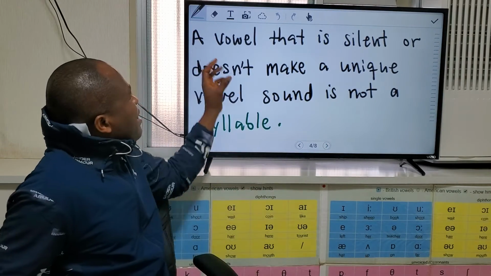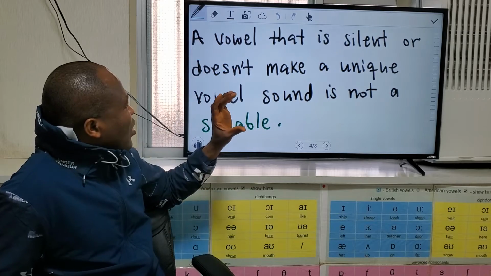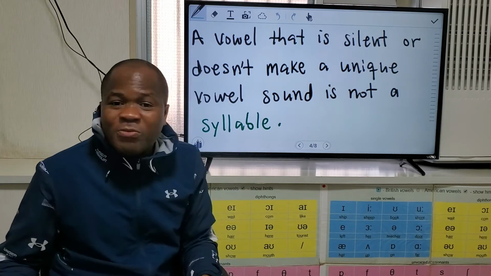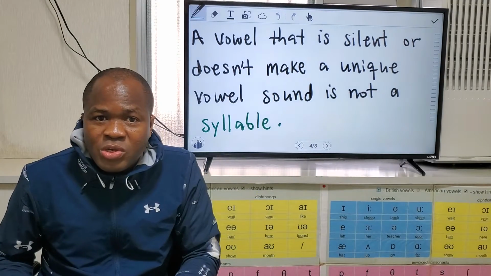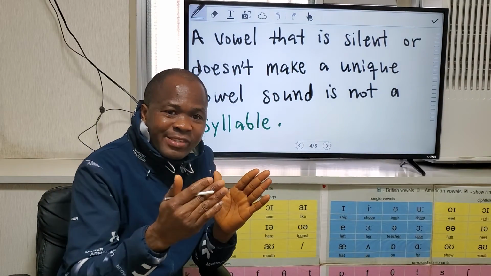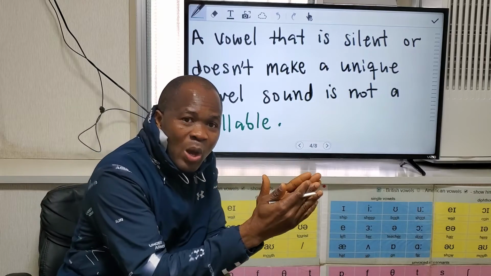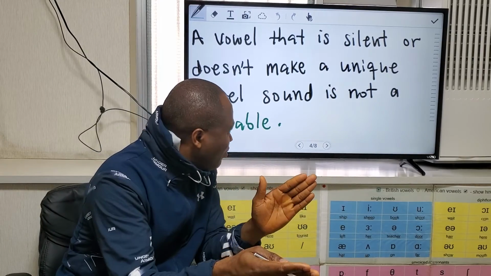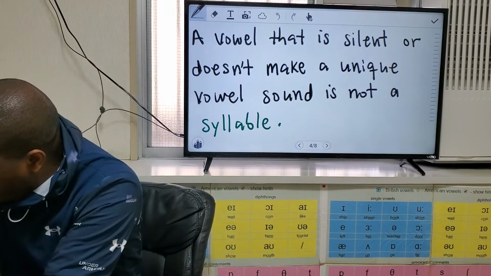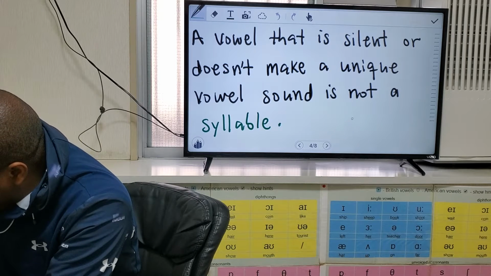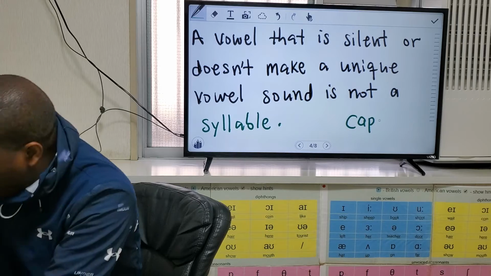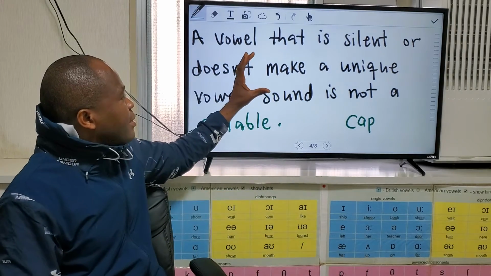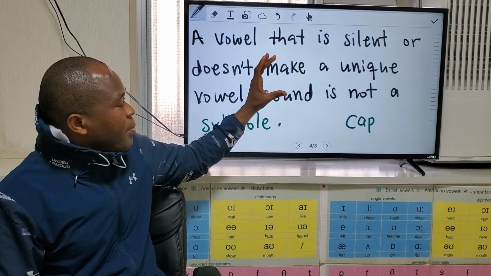Now we're saying that a vowel that is silent or doesn't make a unique vowel sound is not a syllable. So a letter can be a vowel but not a syllable. Let me explain this. For example, I have a word like cap, k, a, cap.